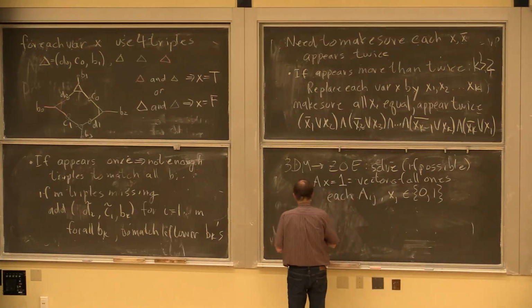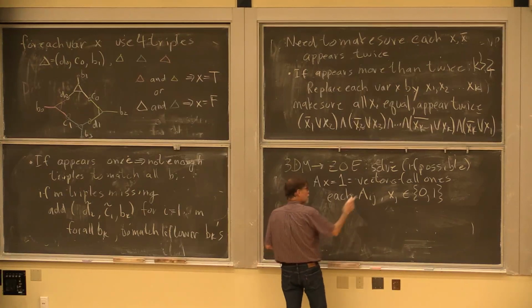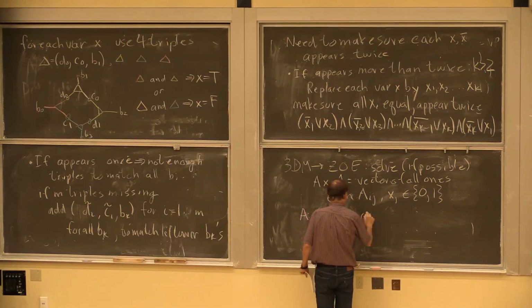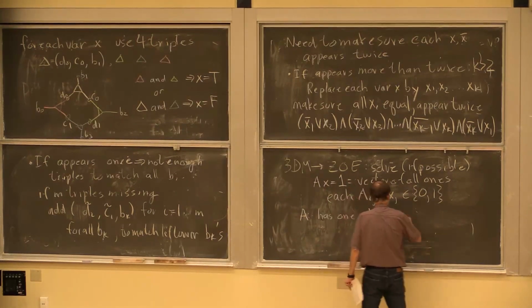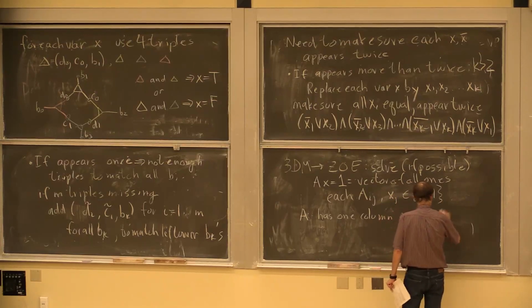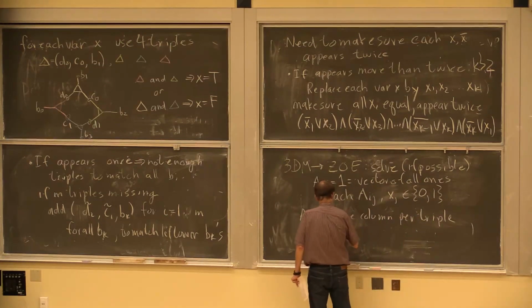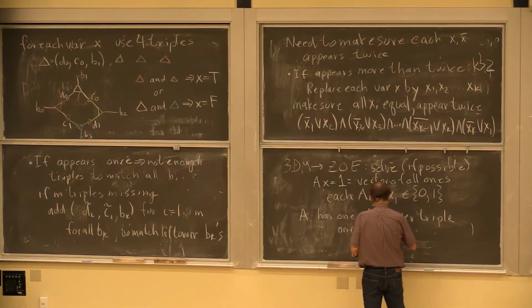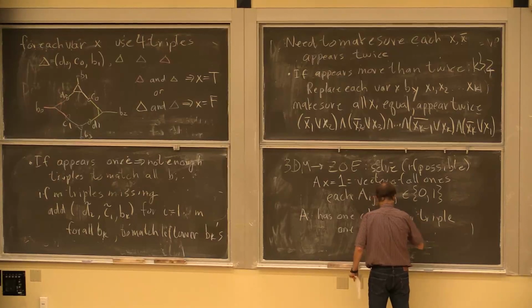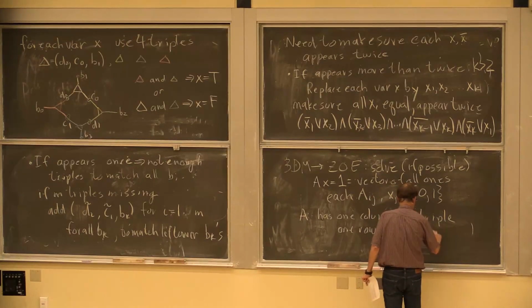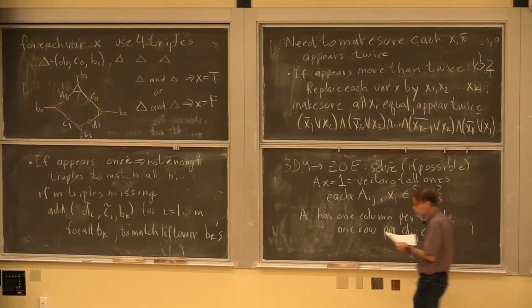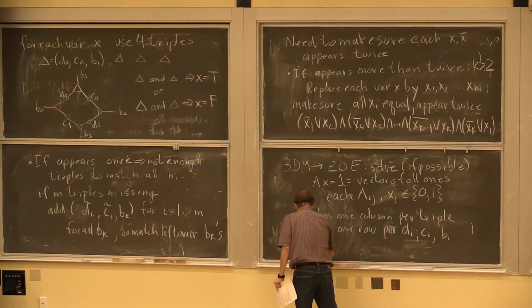So here is going to be the trick. My A for my 3D matching problem is going to have one column per triple, one row for each of these entries of the set, so each DI, CI, and BI. However many there are, there's a separate row for that. And what are the matrix entries?